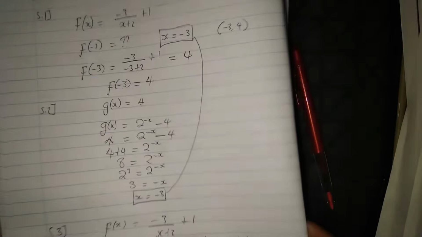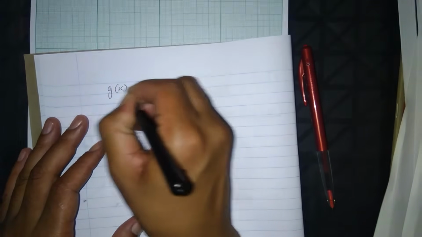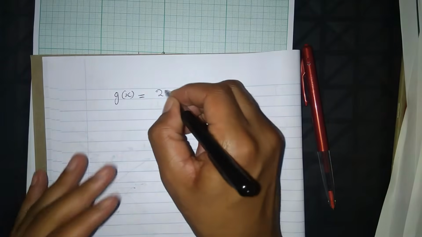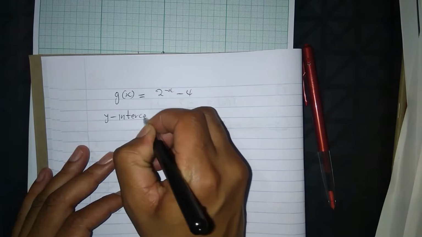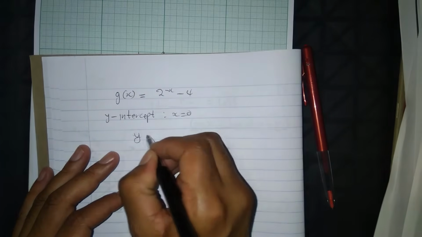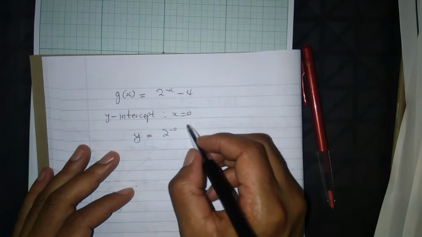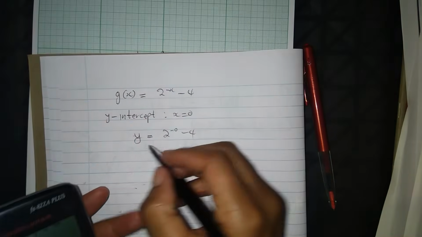What we still need here is the y-intercept and x-intercept for g. We haven't been told them, but we need to do a quick calculation just so we can sketch our function. In order to sketch a function, you need to find the intercepts of all your functions. So since they haven't told us, unfortunately we must calculate. Y-intercept: x equal to 0. So y is equal to 2 here, 0 - 4, here it will be 1, so it's -3.